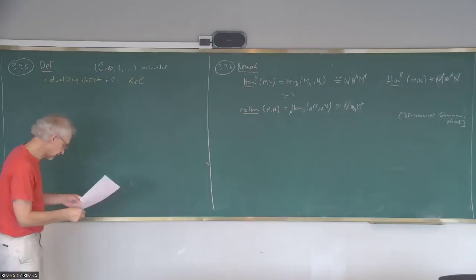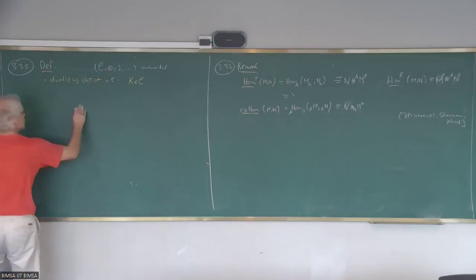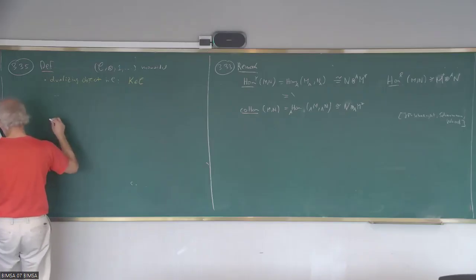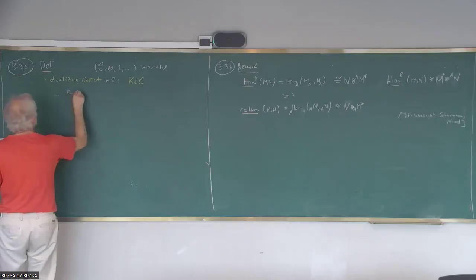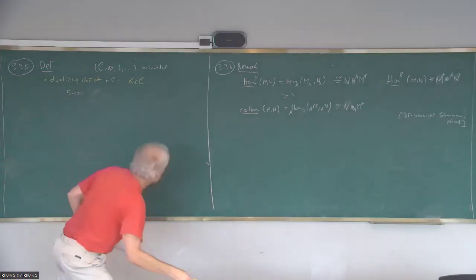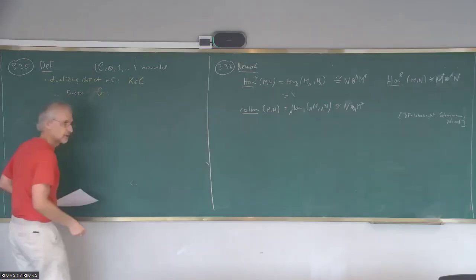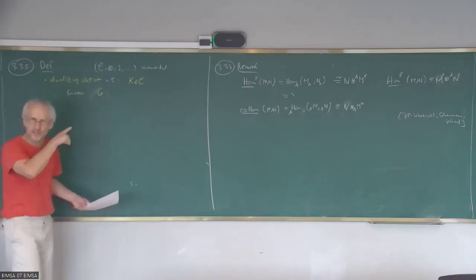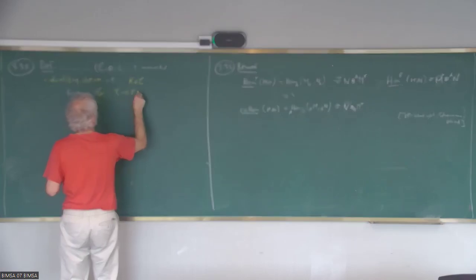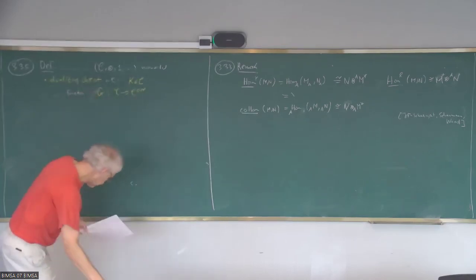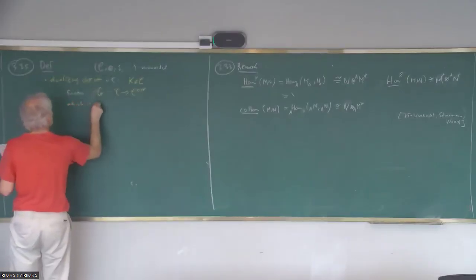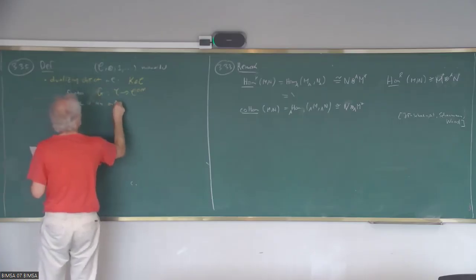I don't write this down because in addition, one requires that this defines a functor G. Maybe I'll do this in yellow because from now on, the letter G will no longer be a finite group, but always this particular functor from C to C, a contravariant endofunctor, you could say, which is an anti-equivalence.